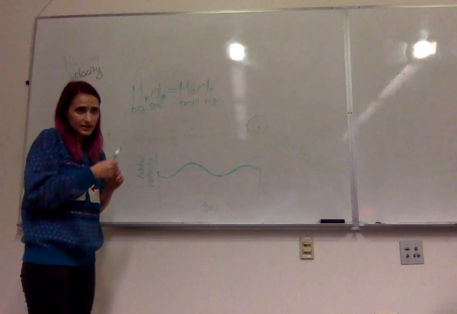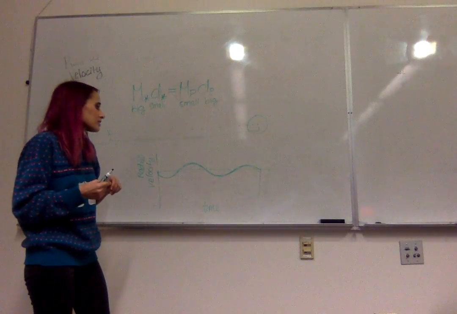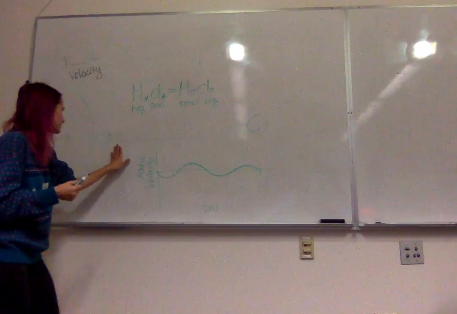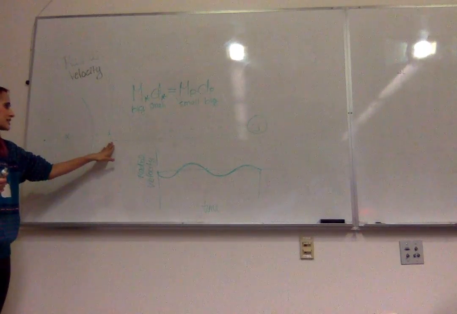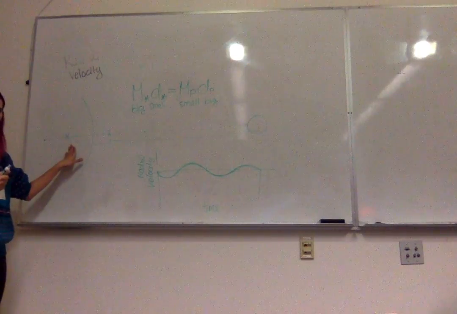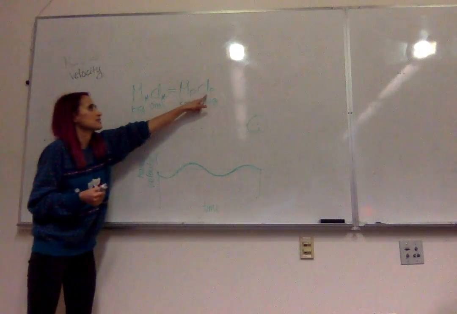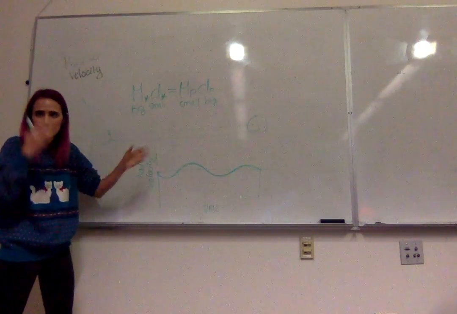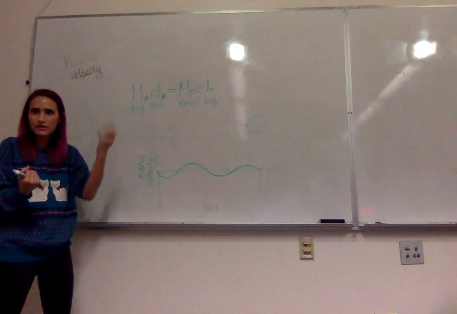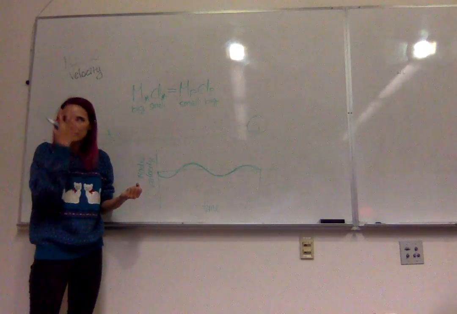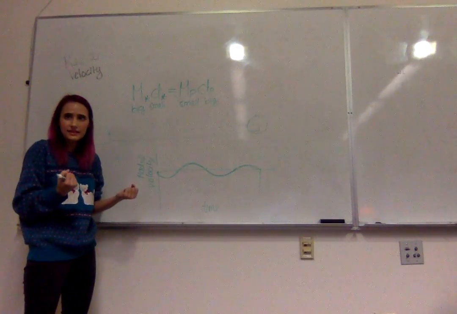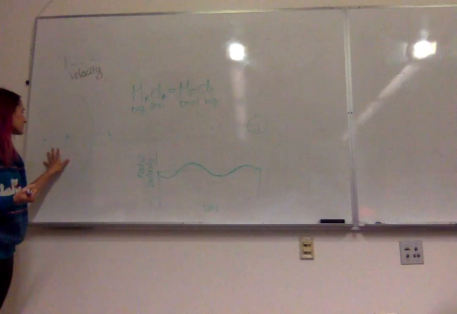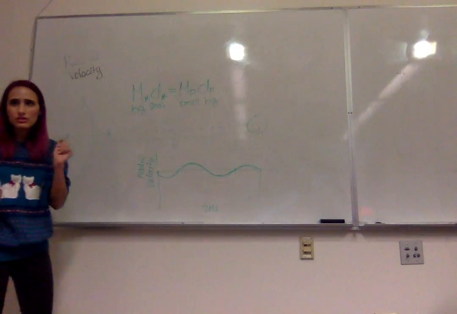This is a question that you asked the other day. So when a planet is closer into the star, their center of mass moves closer to the star as well, right? So if this gets smaller, this has to get smaller as well to balance out. If one side of the equation is getting smaller, the other side has to get smaller as well. So if this planet is close in, then this star is doing a smaller circle.